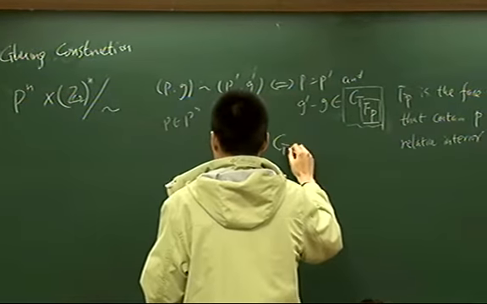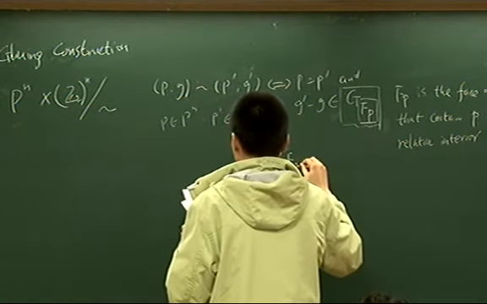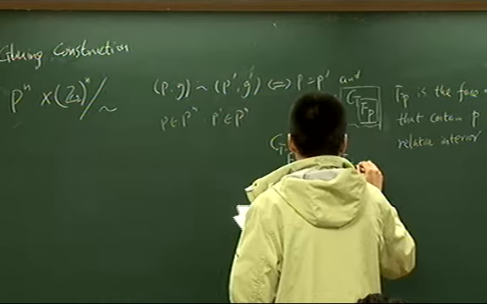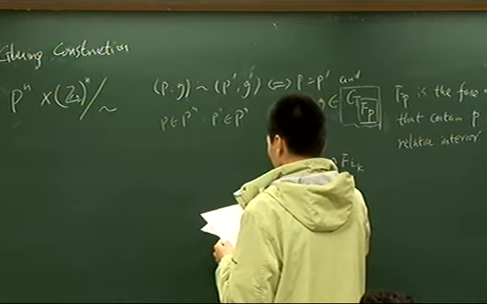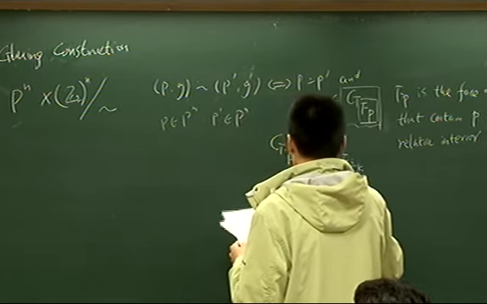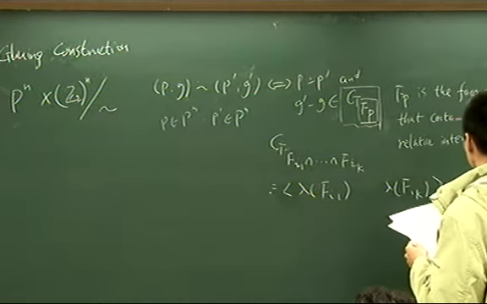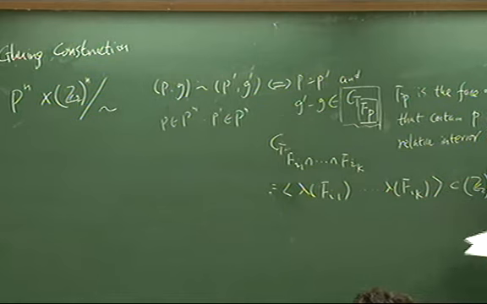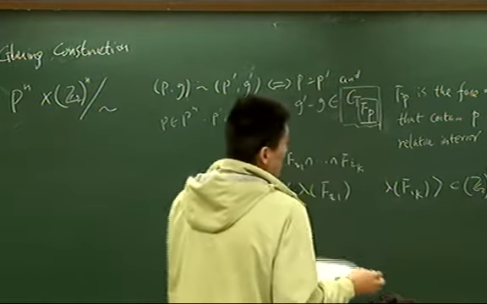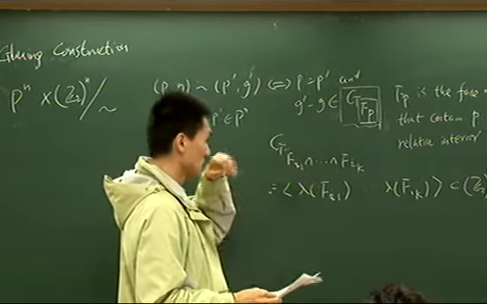So we can write down G_{F_i1...F_ik} as the group generated by lambda(F_i1), ..., lambda(F_ik) in Z2^n, where lambda(F_i) is the isotropy group of the facet F_i. So for any face, we can write any face as the intersection of some facets.